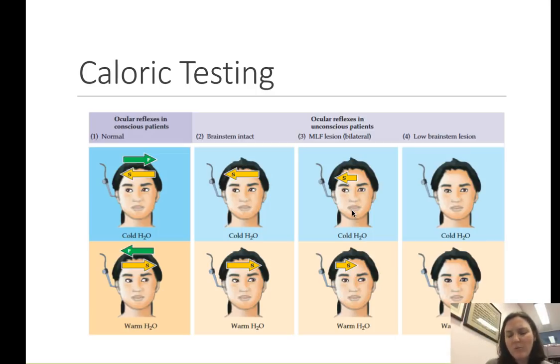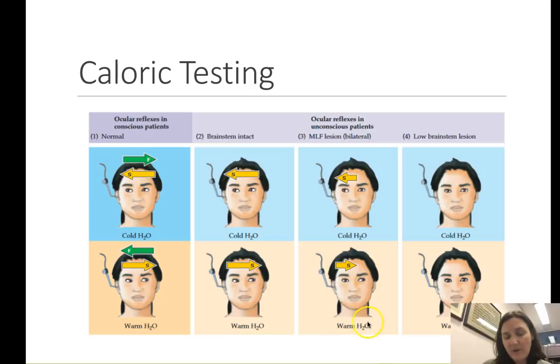And you'll remember back to the internuclear ophthalmoplegia, if you have a lesion of adduction, that's caused by an ipsilateral MLF lesion. This is showing someone with bilateral MLF lesions. So if you put cold water in and it drives the eyes to the right, the left eye will not go because there is no information getting to the medial rectus nucleus.